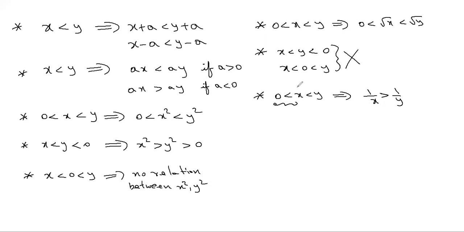Only between these two, the inequality will be reversed. Right? So isn't the inequality only reversed when you multiply with a negative number? Yes, of course. When you multiply with a negative number, the inequality will be reversed, and when you take the reciprocals also, the inequality will be reversed. I'll write more clearly with an example.